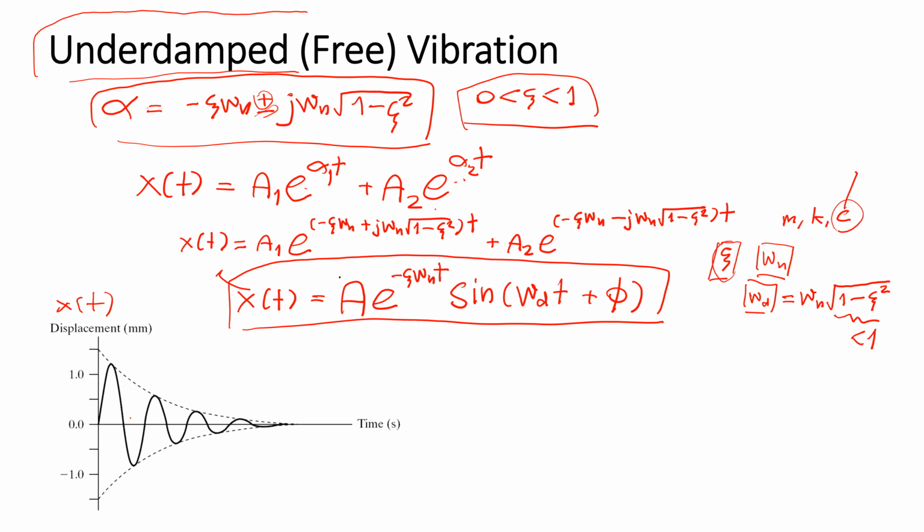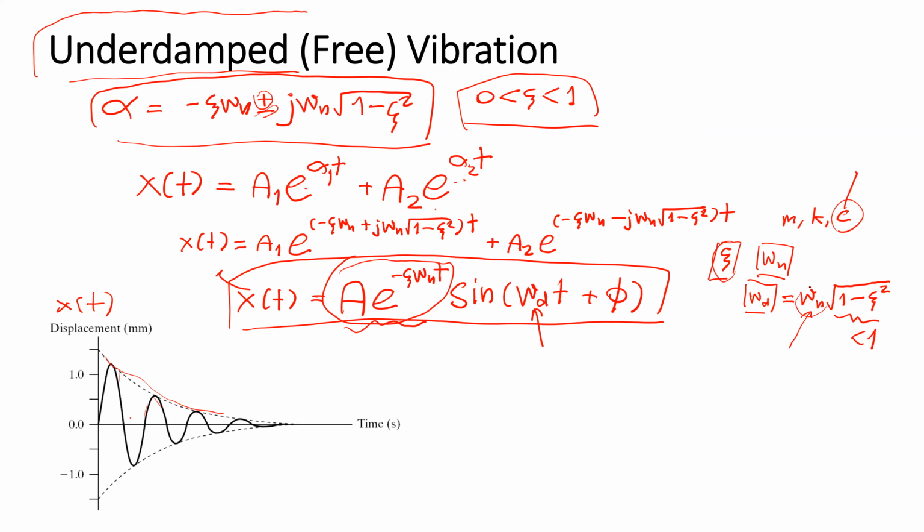The magnitude decays by the exponential. And the sine function, instead of having the natural frequency omega n, will have the damped natural frequency that is always lower than the undamped natural frequency.